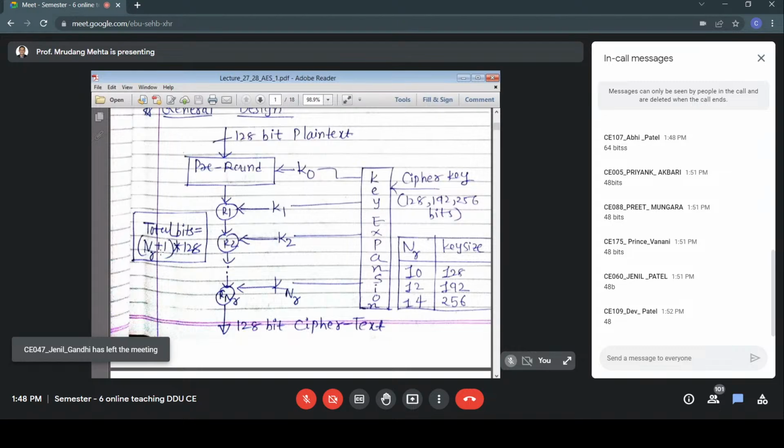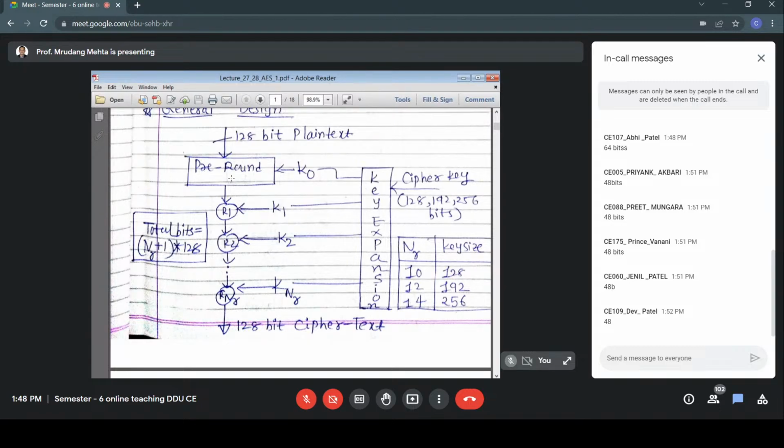How many keys? If the number of rounds is 10, then 0 to 9. Sorry, 0 to 10. From N1 to NR, that is the number of rounds, plus one pre-round.